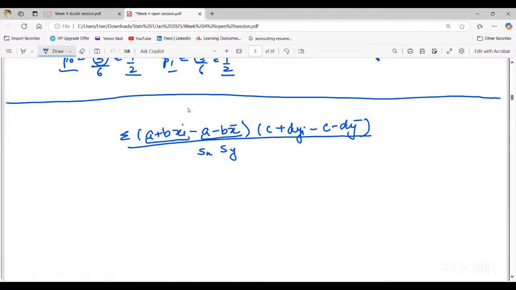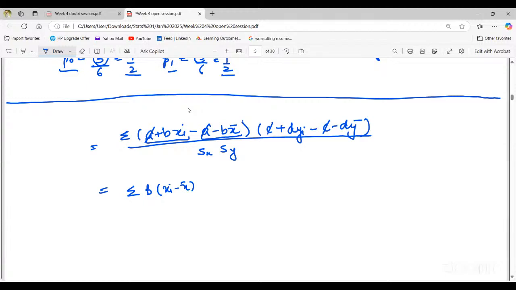Here a and a will get cancelled, and here c and c will get cancelled. So this would be the summation of, b is common, so we will take b common, so it would be xi minus x bar.